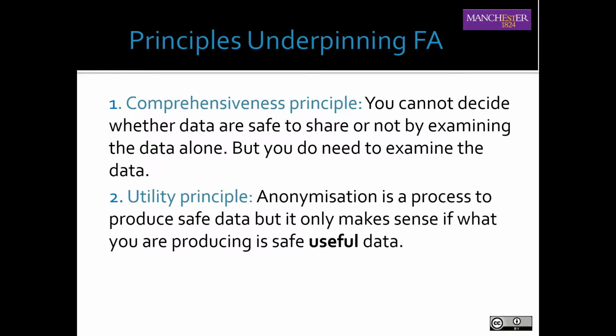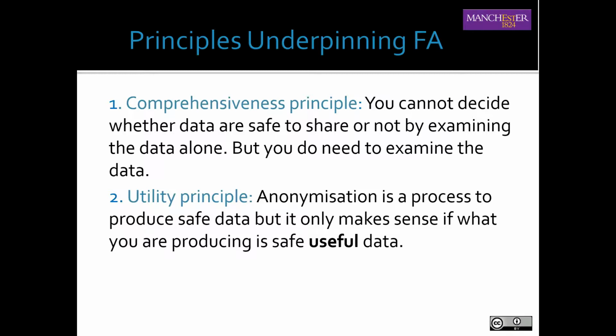Underpinning the notion of functional anonymisation are these five principles. The comprehensiveness principle states you cannot decide whether data are safe to share or not by examining the data alone, but you do need to examine the data. The utility principle states anonymisation is a process to produce safe data, but it only makes sense if what you're producing is safe, useful data.